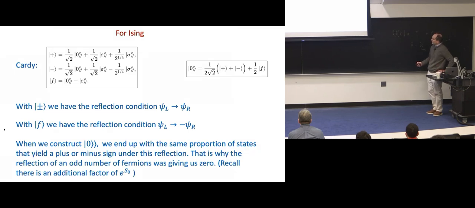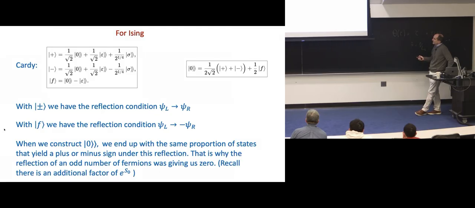Now, in particular, for these 2 states, we have that the reflection condition for the fermion, so the Majorana fermion, is that when it hits the boundary, it gets reflected with no sign change. In this case, it gets reflected with a minus sign change. So very simple reflection matrices in these 2 cases. Now, when we construct the free state, we have a linear combination of these 2.